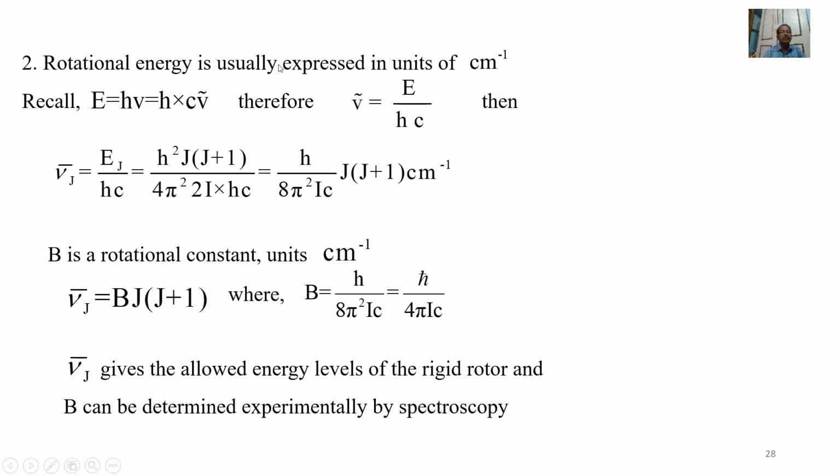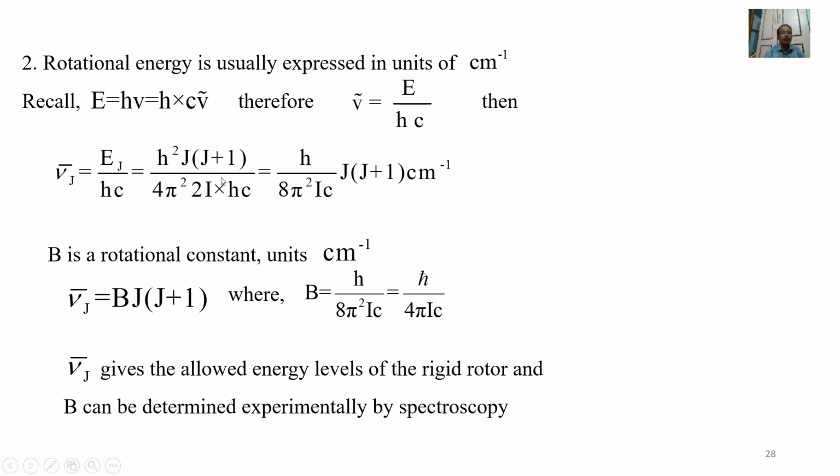Rotational energy is usually expressed in units of centimeter power minus 1. We know that E equals h nu and nu is equal to c by lambda. 1 by lambda is nothing but nu bar. So therefore, nu bar, which is the wave number, is equal to E by hc. So the wave number is equal to rotational kinetic energy divided by hc, which is equal to h squared j into j plus 1 divided by 4 pi squared 2I multiplied by hc.